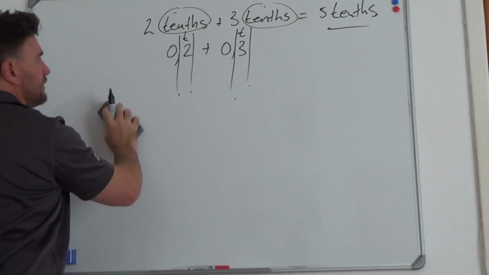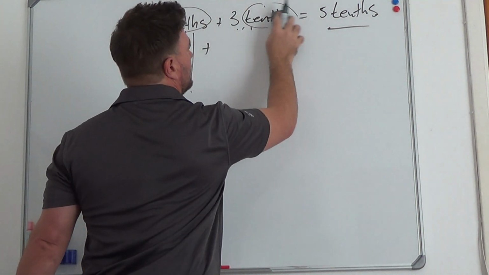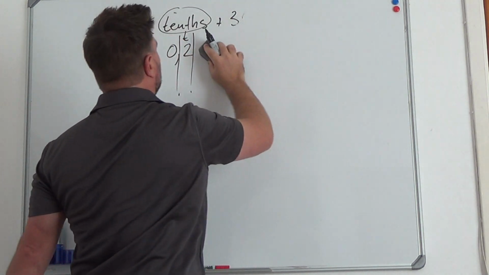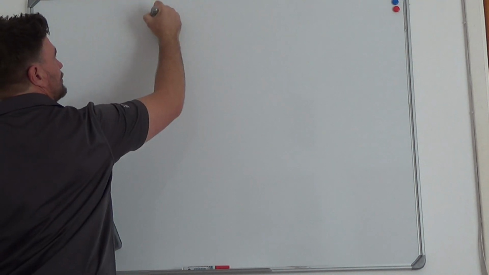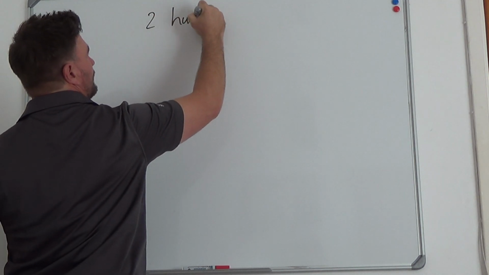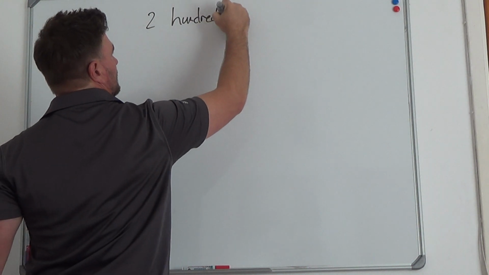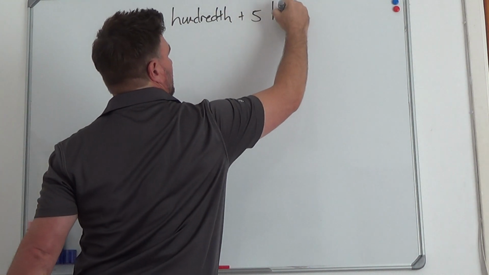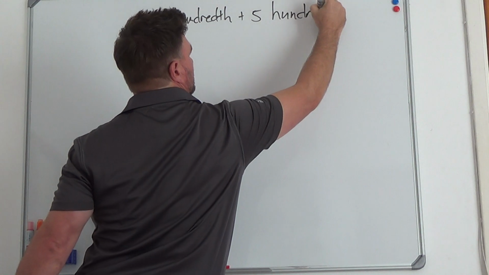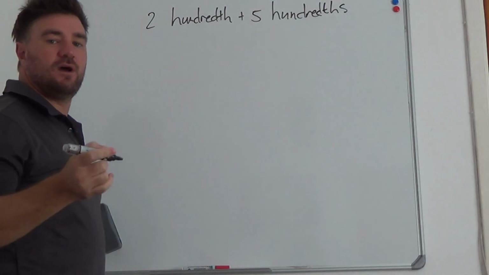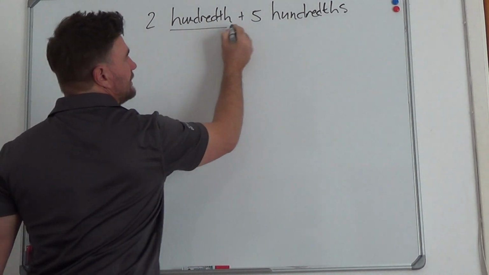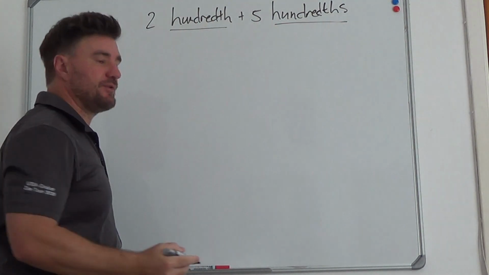Let's say, for example, it said 2 hundredths plus 5 hundredths. Then we know that the column we need to work with is going to be the hundredths column.